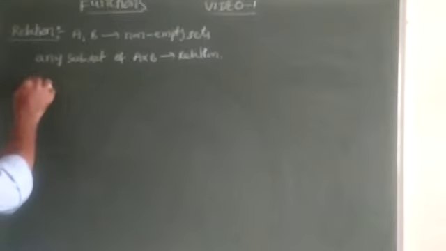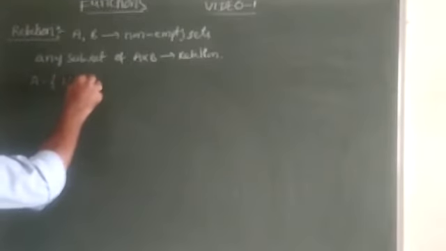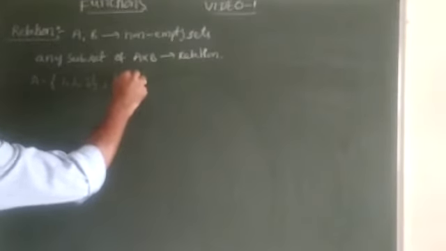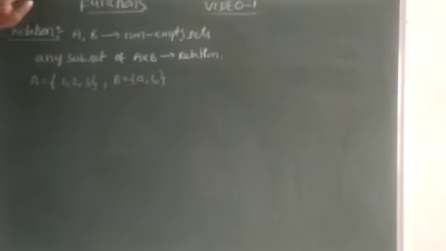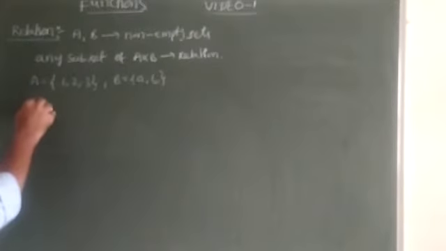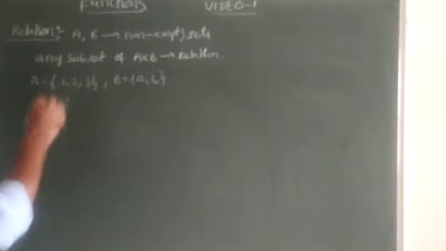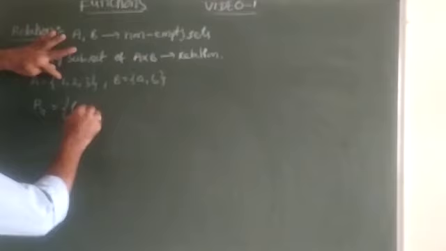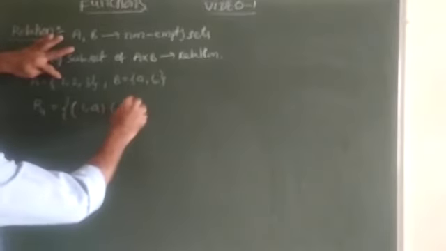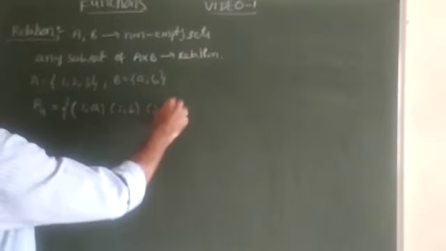Suppose A is equal to 1, 2, 3 and we have the elements a, b. Then what is a relation? A relation R1 of A and B is (1,a), (2,b) and (3,a).